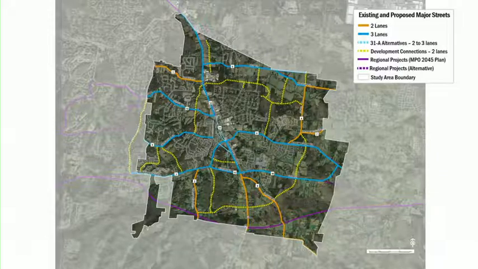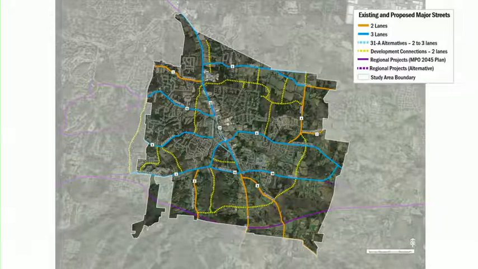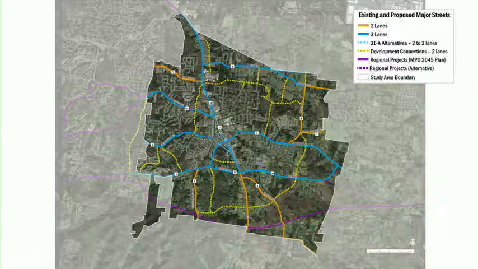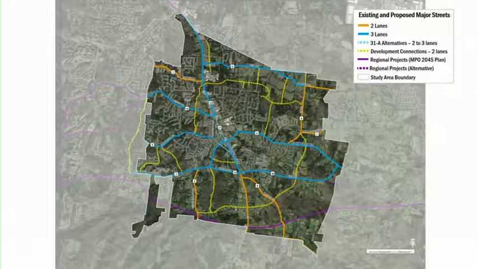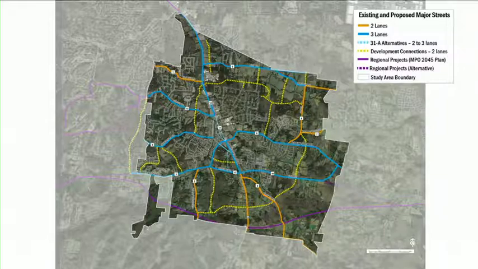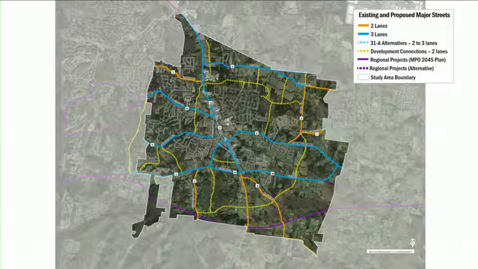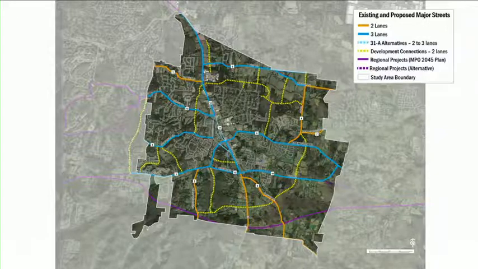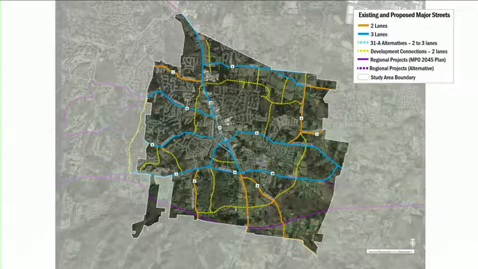I guess my point is, let's just say we're going to grow 200% over the current in 10 years. Looking at the volume of traffic, I don't know that 3 lanes is going to help you at all. I'm not sure 5 lanes is going to help you at all. Well, that's why we're asking them, as well as the folks doing the zoning, to look at those projections and say, where is our population?